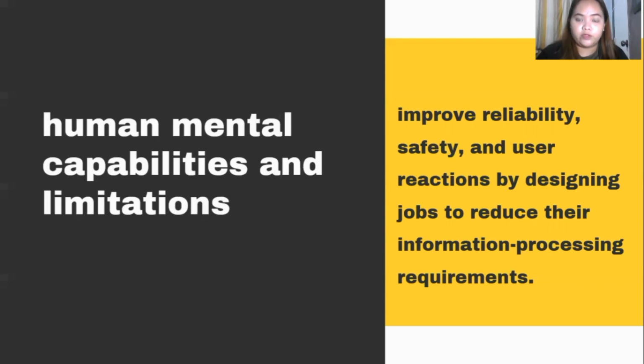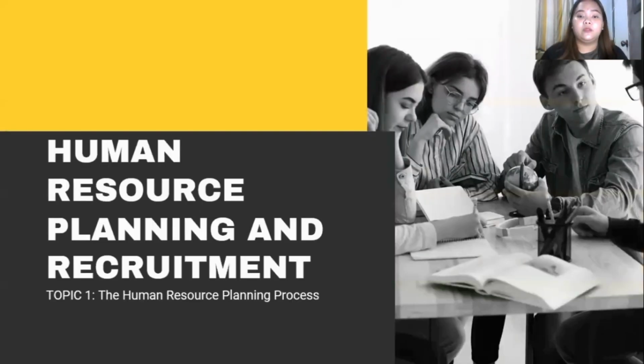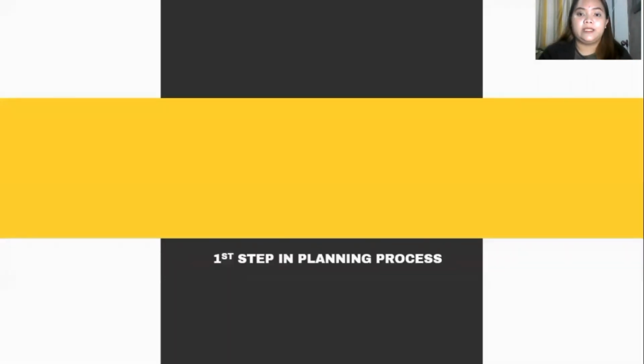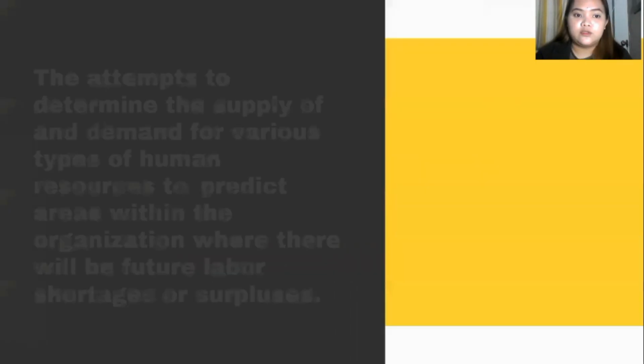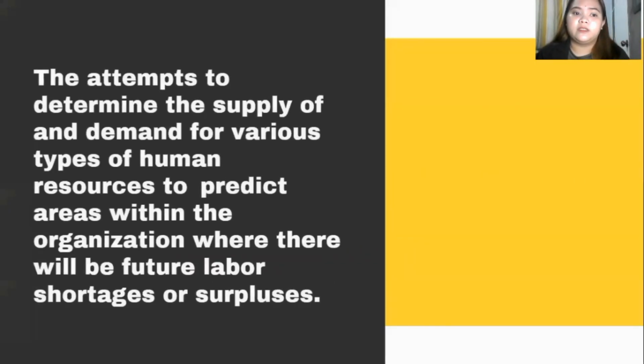Now let's move on to our next lesson, human resource planning and recruitment. Topic number 1, the human resource planning process. Let's start with the first step in the planning process, that is forecasting. Forecasting is the attempt to determine the supply of and demand for various types of human resources to predict areas within the organization where there will be future labor shortages or surpluses.